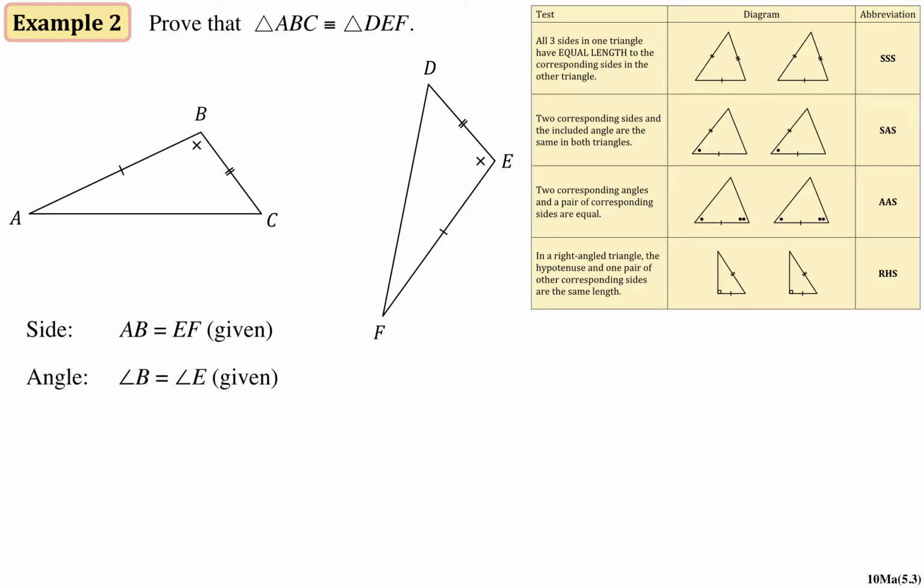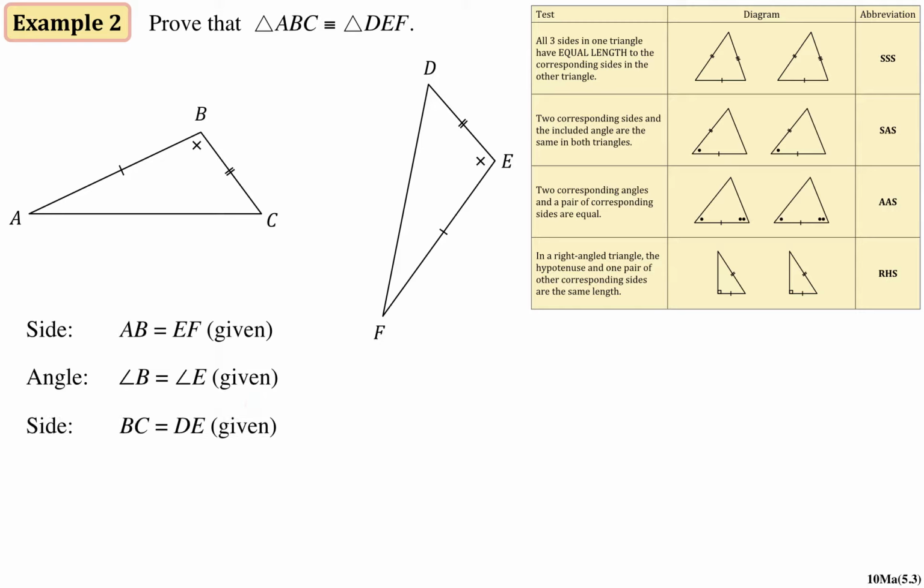Let's go to another part of the test, the angle part. I can see the angle up here at B, I've got a cross. The angle at E, I've got a cross. So the angle at B and E are both the same. I don't know what they are, I just got crosses there, but I know they're the same, so that is given.